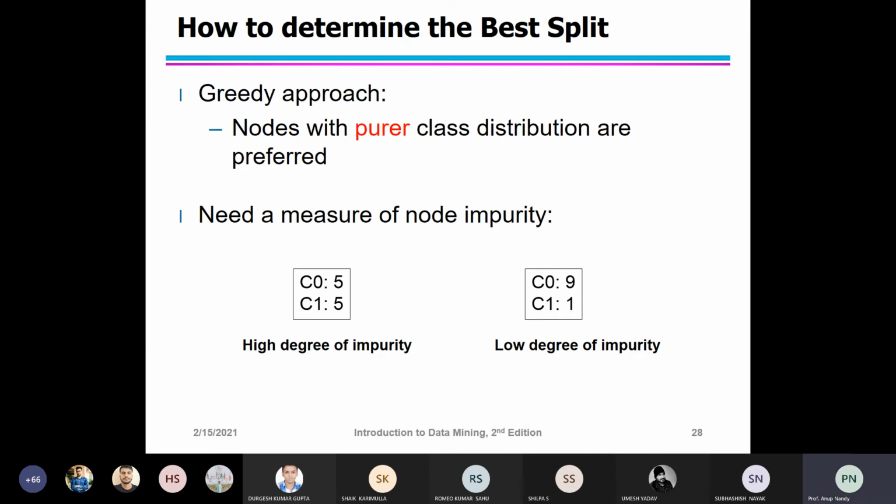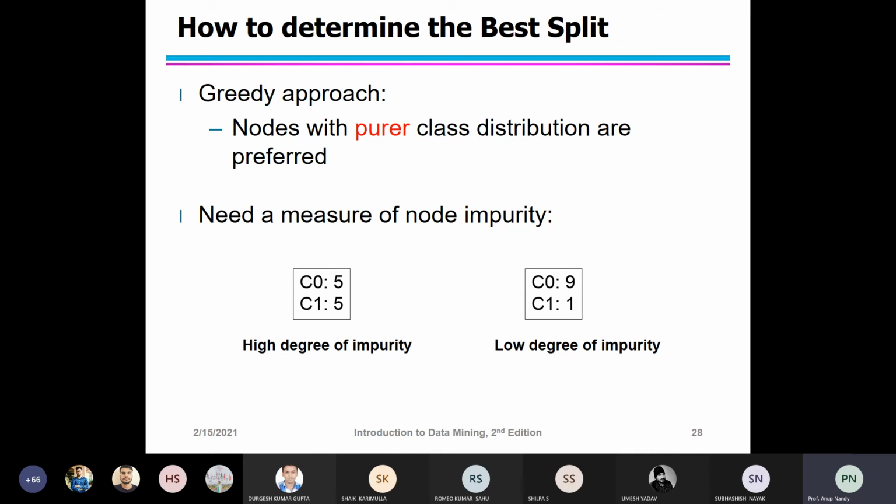Are you getting my point? So you need to measure this node impurity. I am repeating: you split the attribute based on these node impurity measures. The measures for selecting the best split are based on the degree of impurity of the child nodes.